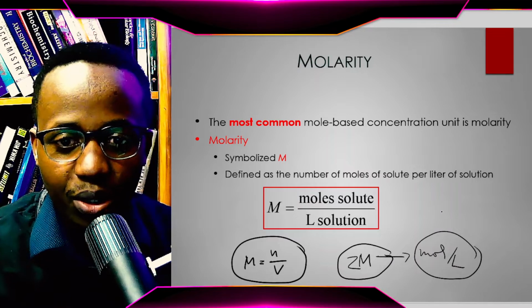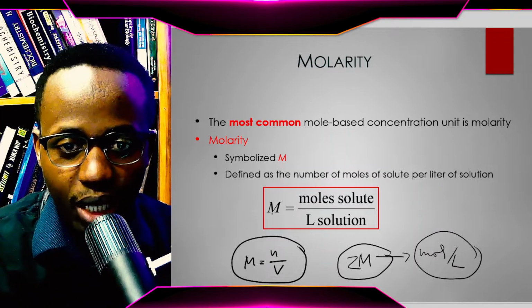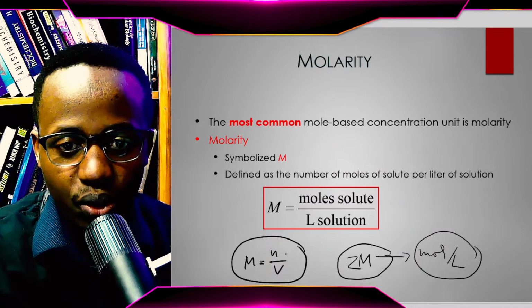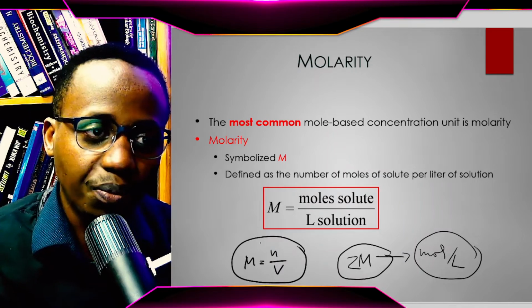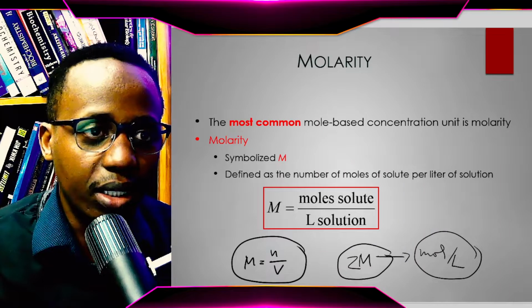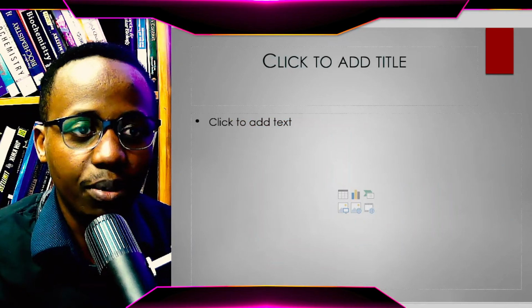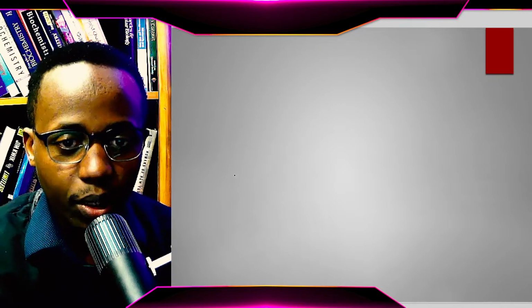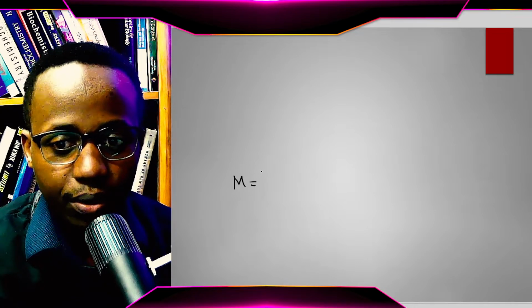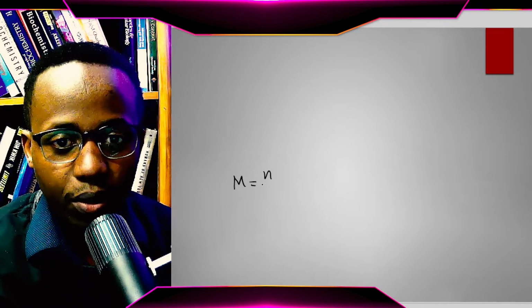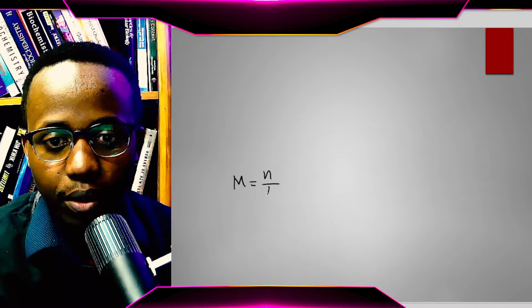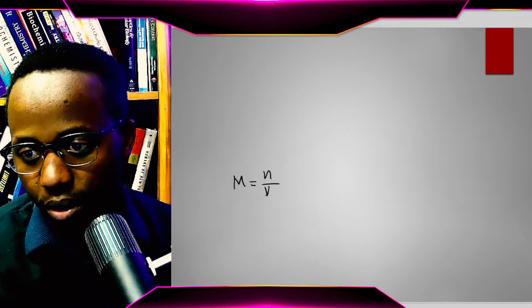Molar means mole per liter because the molarity is equal to moles over liters of solution, right? So one thing to remember: molarity is equal to moles per liter, right? N over V.